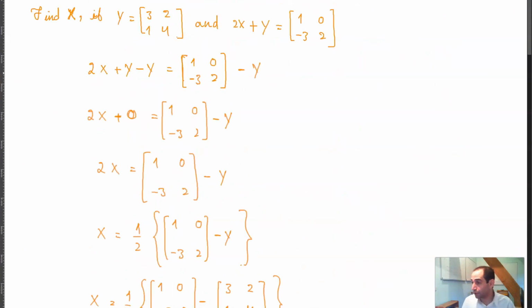So, question number 13. You have, if f of x is equal to this matrix of cos x, negative sine x, 0, sine x, cos x, 0, 0, 0, 1, right?